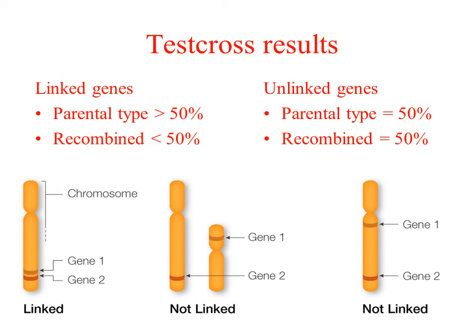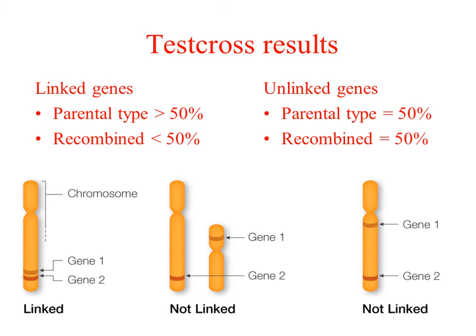This is our decoder key. Whenever you look at the offspring from a test cross, if you have 50% recombinant types and 50% parental types, the genes are unlinked.